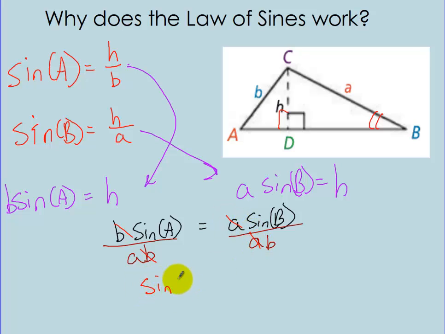So I get sine of A over A is going to equal sine of B over B. So that ended up working out. And that'll work out the same way with sine C. I can do an altitude from any vertex to the opposite side. I just have to rotate that triangle.